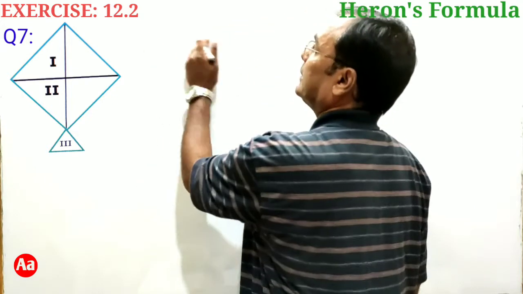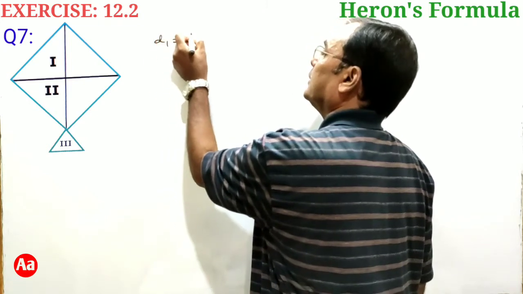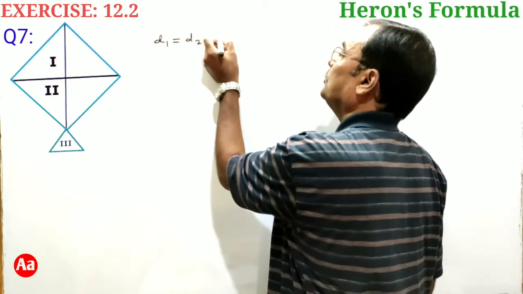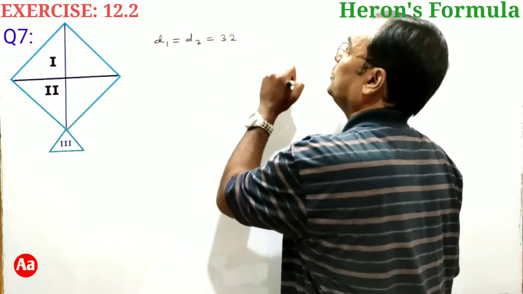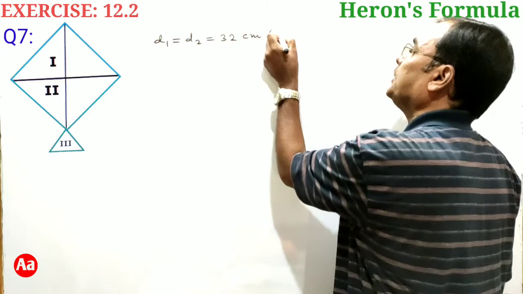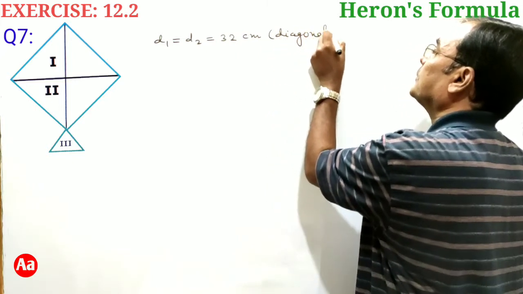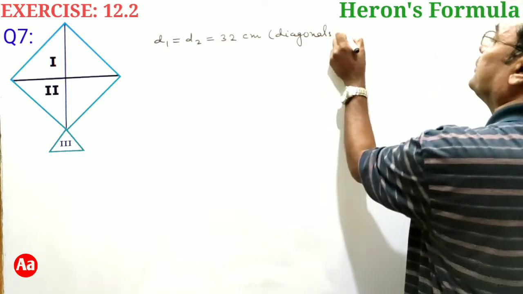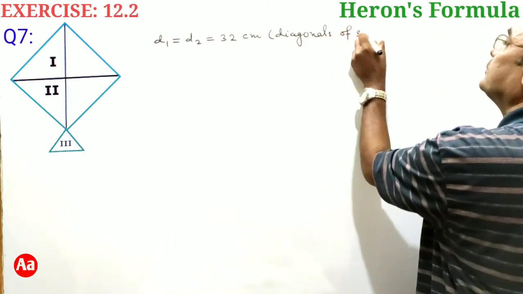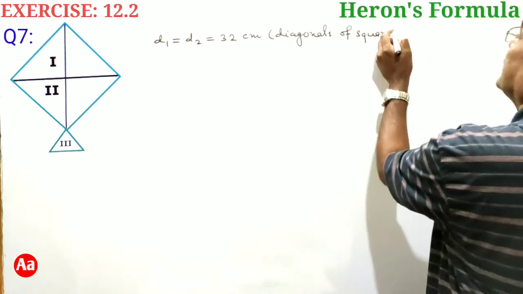So let's write d1 equal to d2 is equal to 32 centimeter. Diagonals of the square part of the kite.